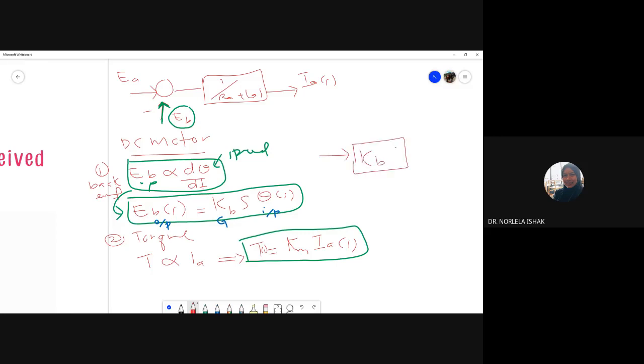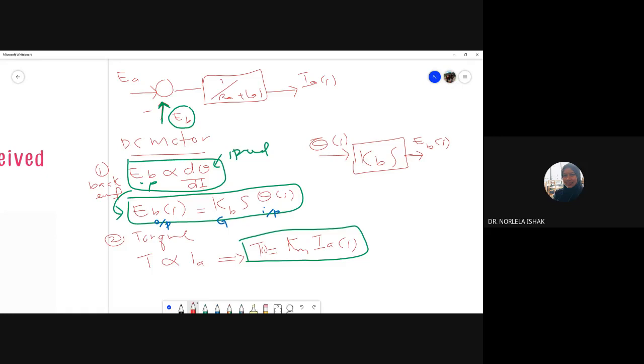This is the KBS, and this is the EBS, and the input is theta, the angular.